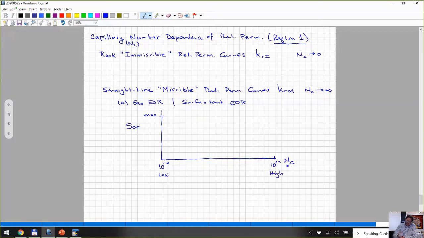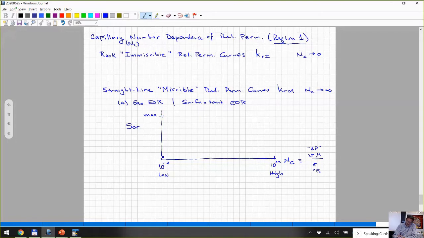By introducing surfactants or doing something, the capillary number, again, usually has velocity and viscosity, representing basically the delta P term, and then interfacial tension, reflecting the capillary pressure term.